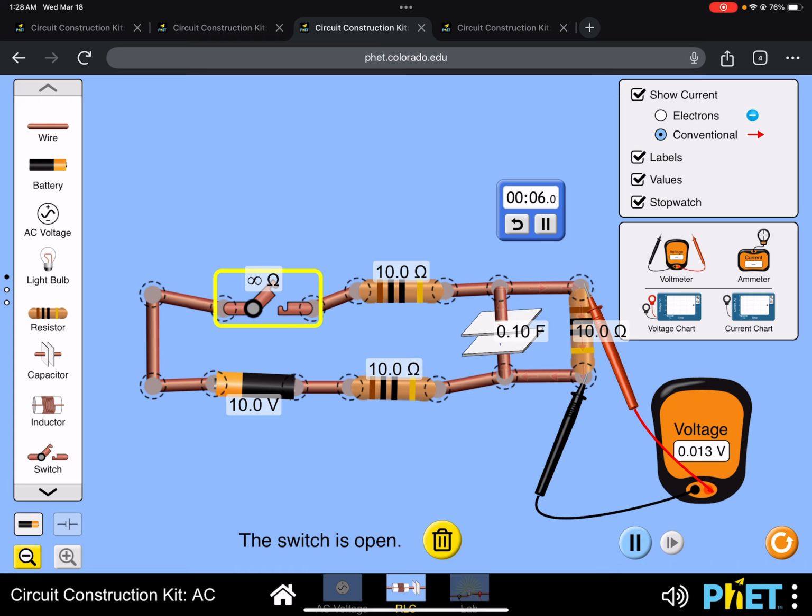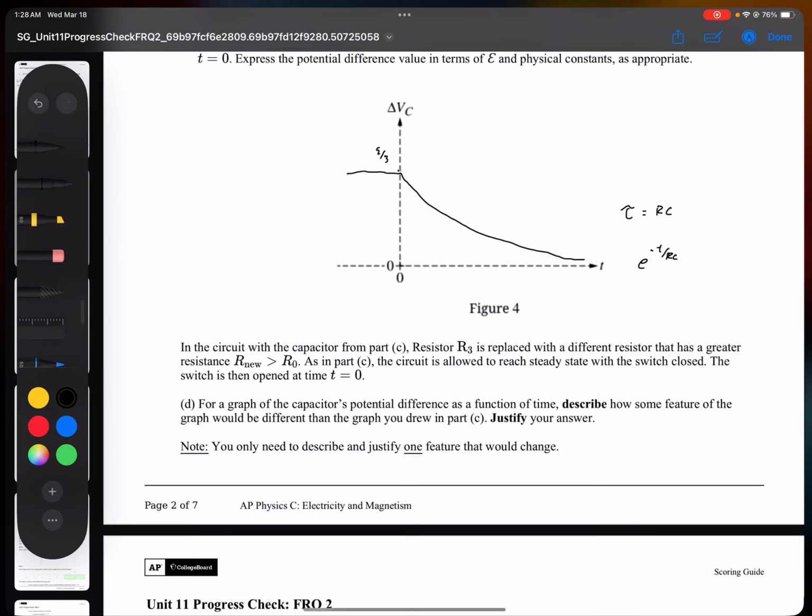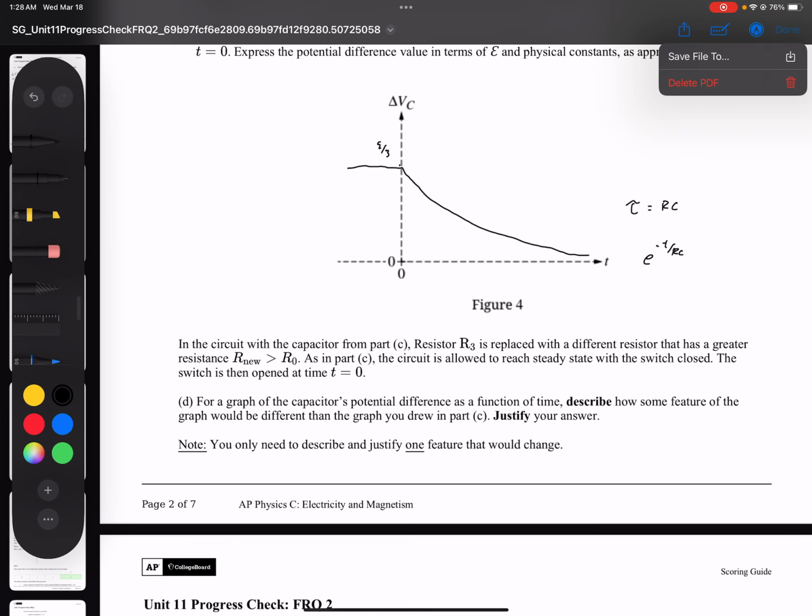Much less time. So it's going to take well over 30 seconds when we had a larger resistor. And now with the original resistor, it only took like 10 seconds to fully discharge that capacitor. So anyways, moving on. Now we're going to move on to problem number 3.